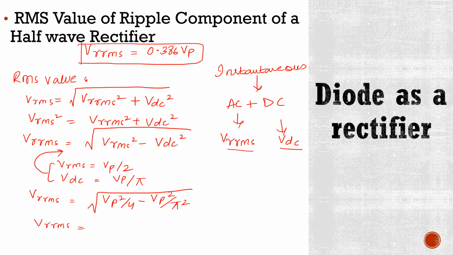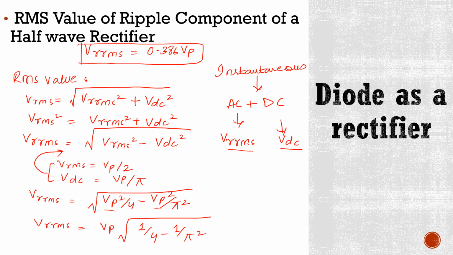We can also write this equation like this: Vp times the square root of 1 by 4 minus 1 divided by pi square, because this Vp is common here and we just took it out of the square root.